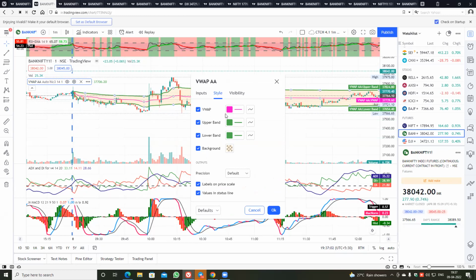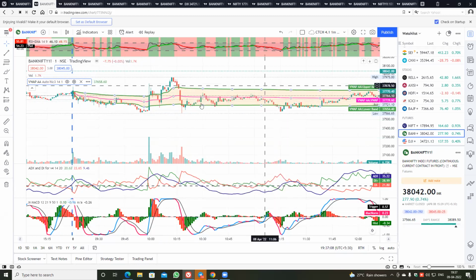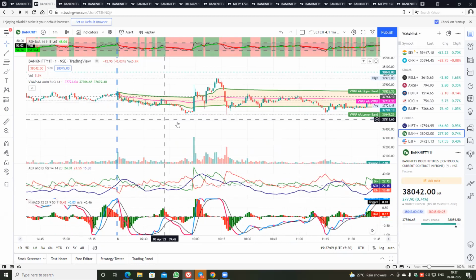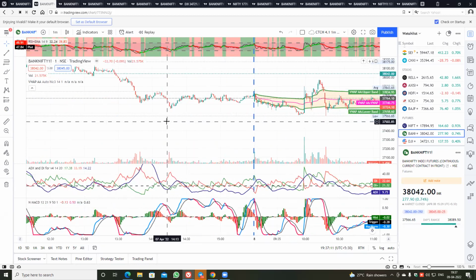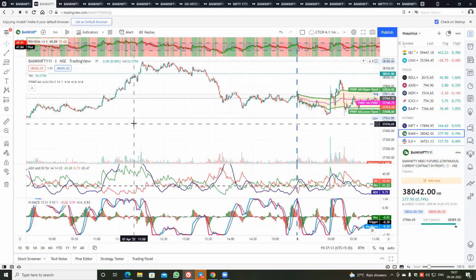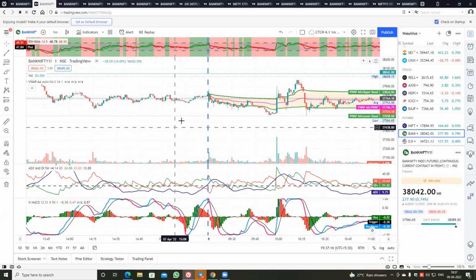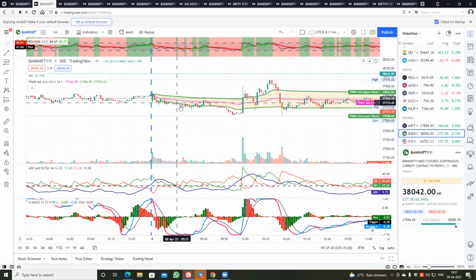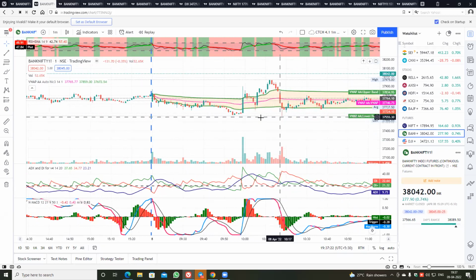In that, we can see the main VWAP. This auto anchored VWAP starts from 9:15. We cannot see this indicator on yesterday's chart because it starts from 9:15 only, and according to the movement of the market, it will be expanding.